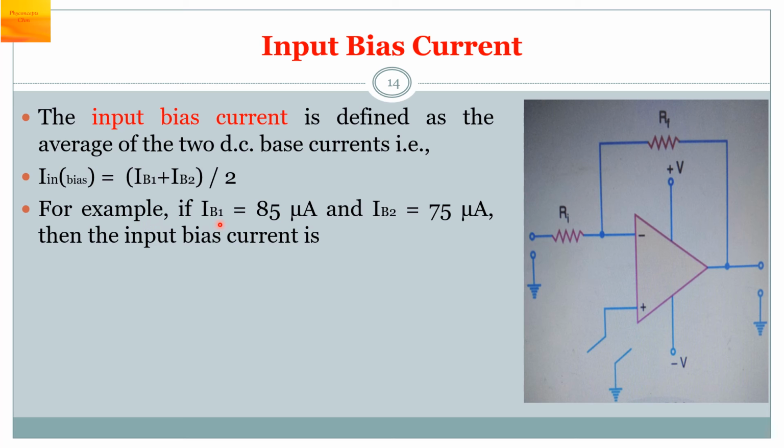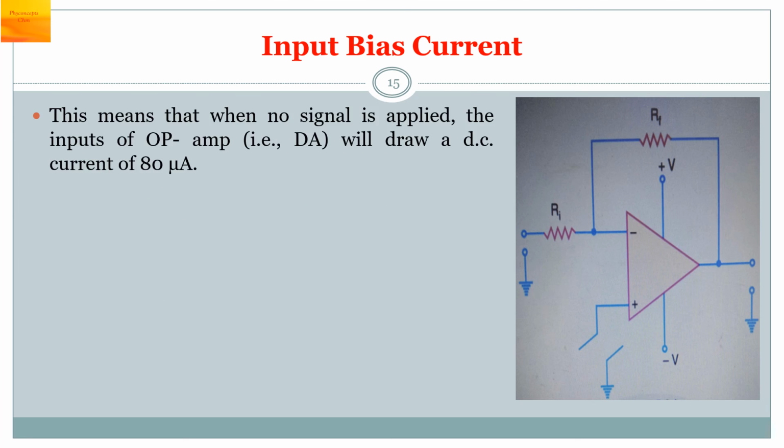For example, if IB1 is 85 microamperes and IB2 is 75 microamperes, then we can get the input bias current as 85 plus 75 divided by 2, and that is 80 microamperes. This means that when no signal is applied, the inputs of the op-amp will draw a DC current of 80 microamperes.